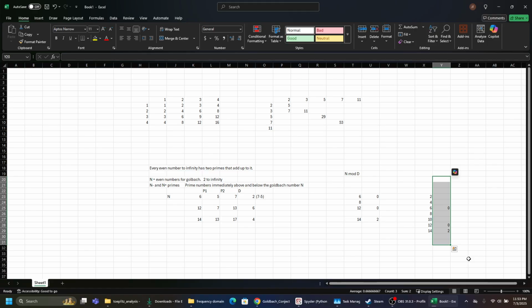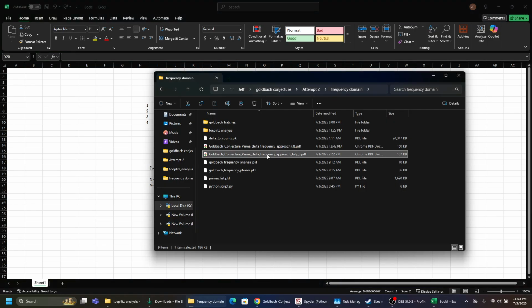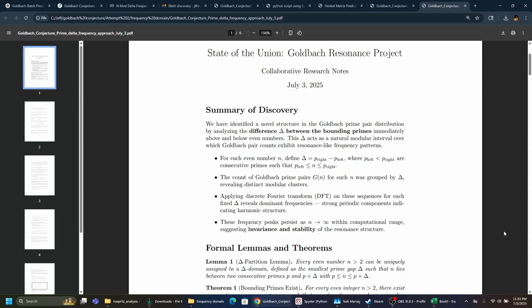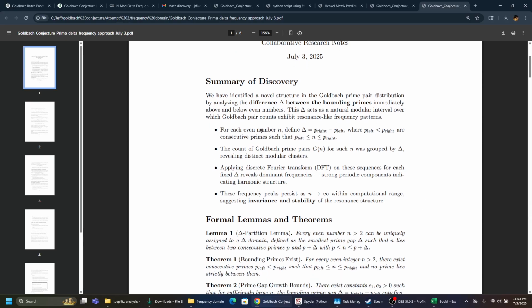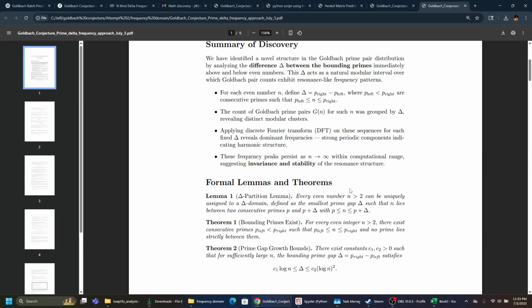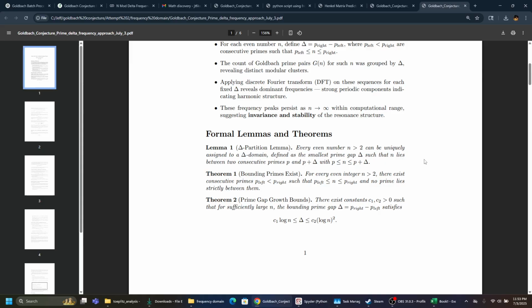I'm trying, but let's now jump to the document. I'm going to zoom in here. Here it's explaining that for each even number, p right and p left are the primes above and below it. The count of Goldbach pairs where n was grouped by delta reveals distinct modular clusters. So we did a Fourier transform on it again, and that's all that is. Because it forms a frequency, we're doing Fourier to figure out where the frequencies are, so we're doing a mapping of the frequency.